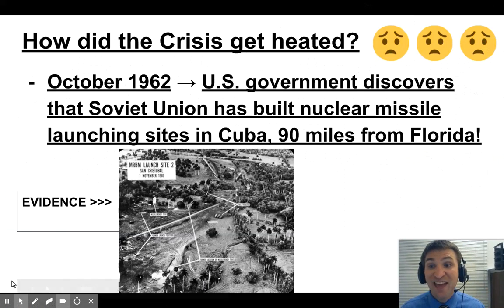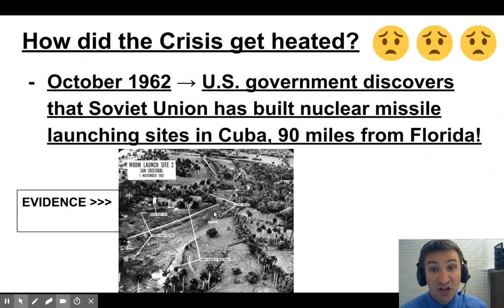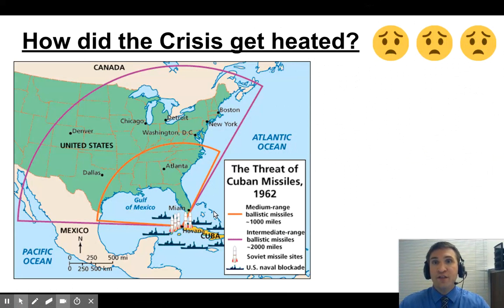Uh-oh. And there's evidence. US spy planes have taken photographs of the building of this nuclear site. So there it is. It's evidence that the Soviets are helping Cuba and that these dangerous bombs are being built. The crisis gets heated because of the power of the bombs, and there are two different types of missiles.